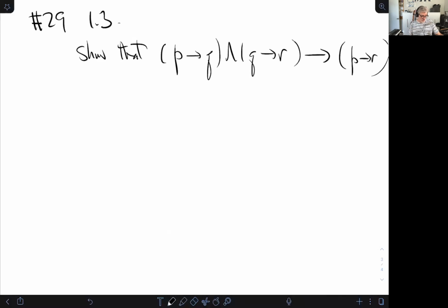So P implies Q and Q implies R implies P implies R. Show that this is a tautology.